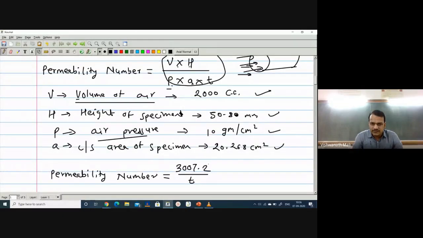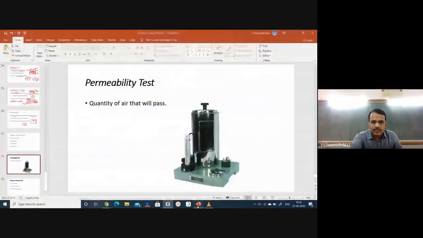So I will keep all these standards: specimen size, air pressure, and volume of air. And I will select a time, suppose 60 seconds. In that 60 seconds, whatever air I get, we measure in this meter, here there is a meter.